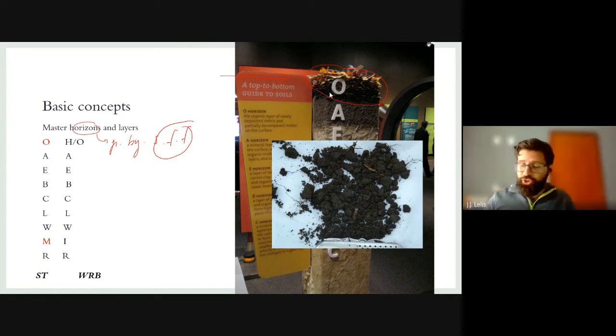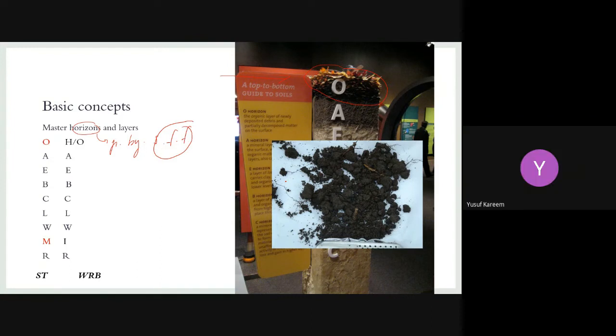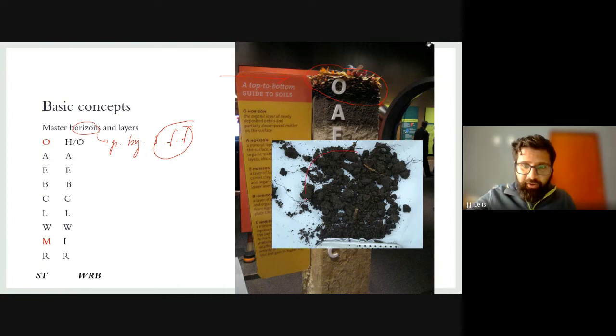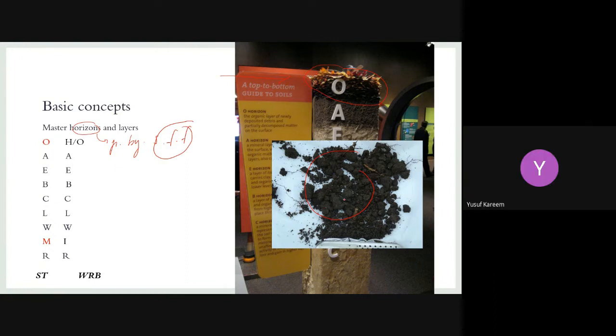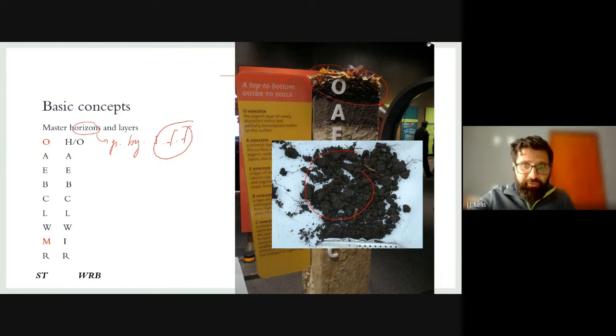So it should be possible to identify aggregates in a horizon. If you don't see aggregates in a piece of the soil, you are not seeing a horizon. You are looking at a layer, okay?